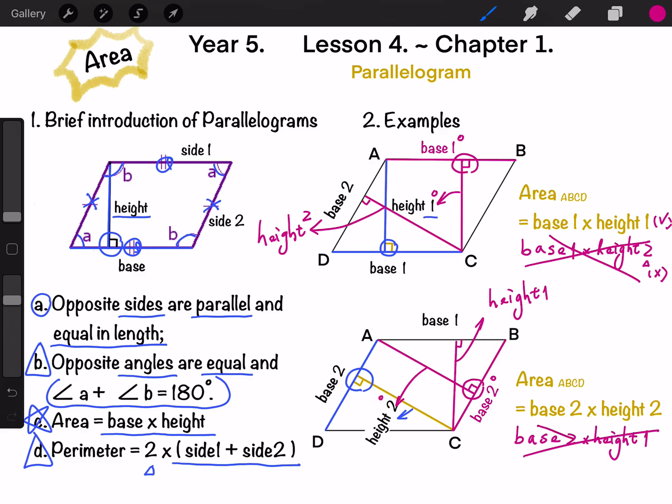No. Again, please let me repeat one more time. Area of parallelogram equals a base times the height on this base. So, base 2 times height 2, correct. Base 2 times height 1, wrong.